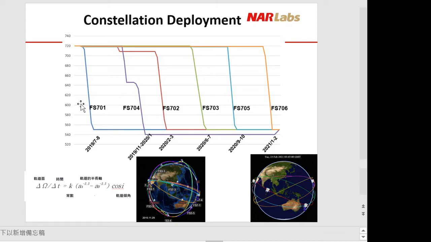And on the right hand side, you can see the constellation for real on 23rd of February, which is after we complete all the maneuvers. You can see all 6 satellites have been deployed in 6 different orbital planes.